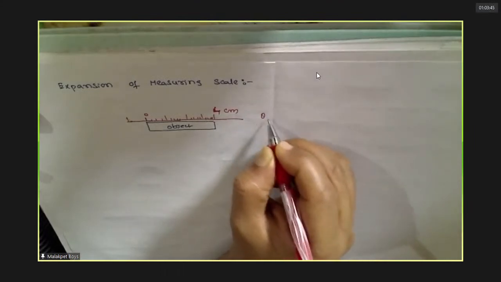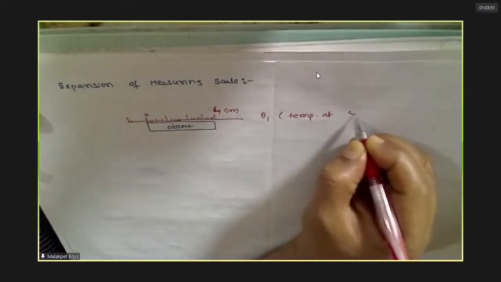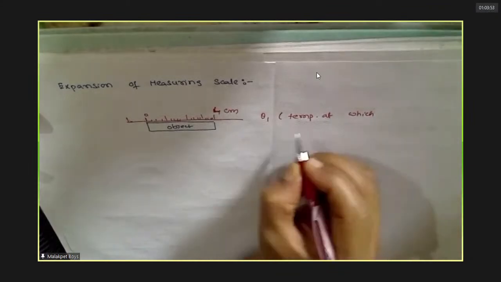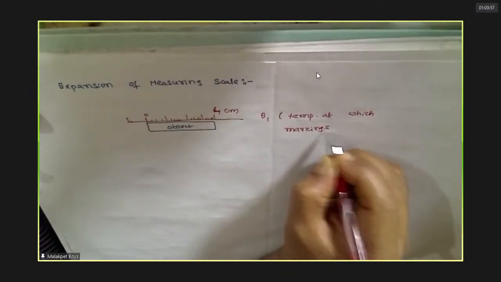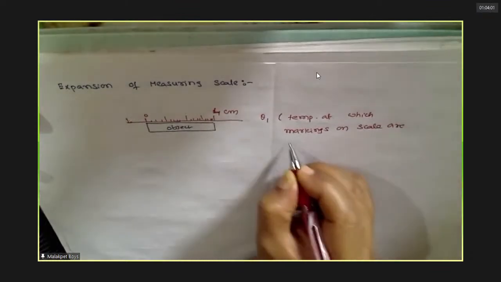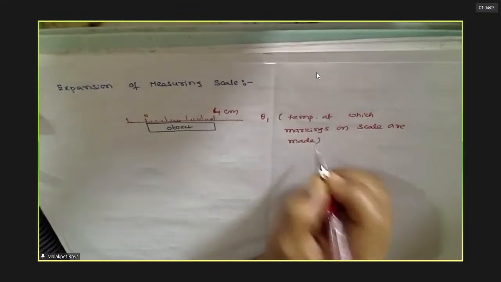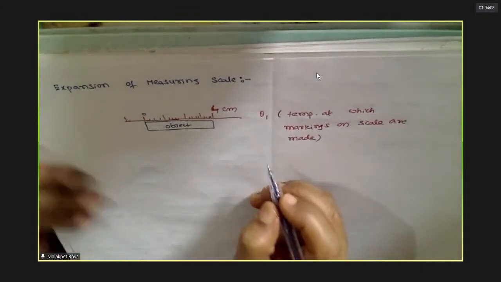This is at theta 1. That means here is the temperature at which markings on the scale are made. These are the markings on the scale.